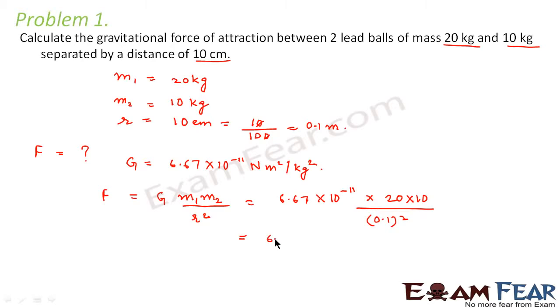This will be equal to 6.67 into 2 into 10 to the power 4 into 10 to the power minus 11. So this will be equal to 1.3 into 10 to the power minus 6 Newton. This will be the value of the force of gravitation between the two balls. It is very simple, right? We just used the very basic formula, or the statement of the universal law of gravitation.